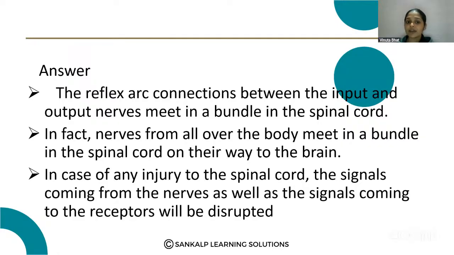So in case of any injury to the spinal cord, the signals coming from the nerves as well as signals coming from the receptors will be disrupted. That is the place where the nerves from the different organs meet, right? So all these receptors will be disrupted.